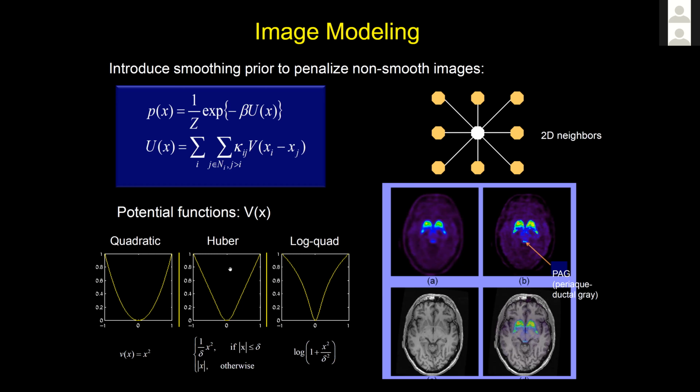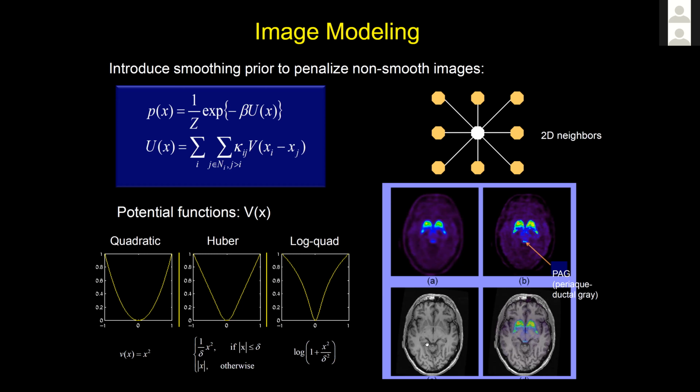You can also use some kind of Huber function that favors sharp edges, or log-cosh, which you can consider as different balances between the L1 and the L2 norm, basically quadratic. That is the L2 norm.